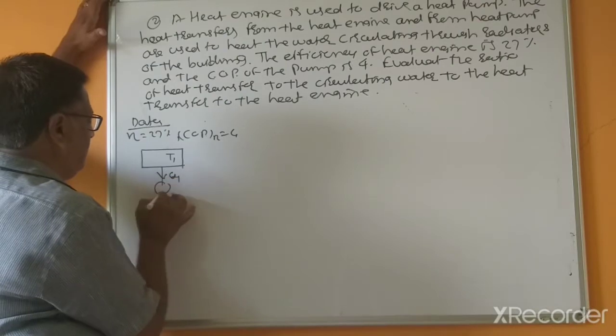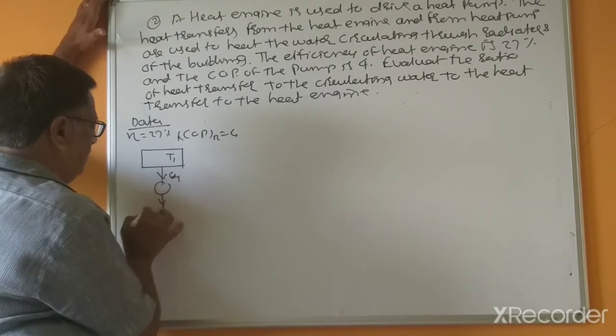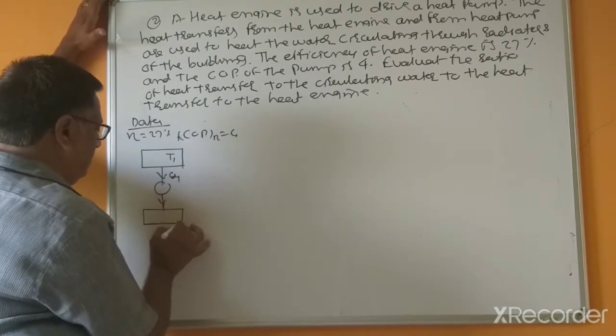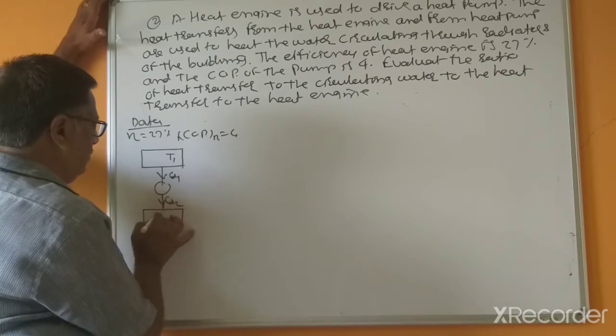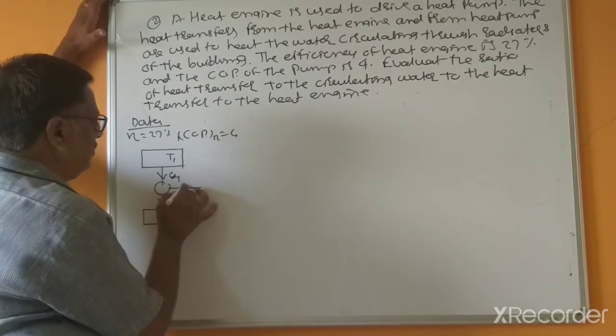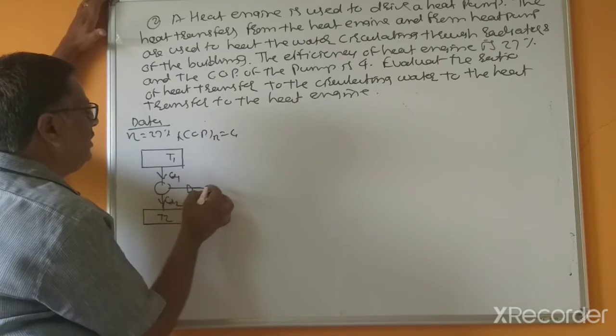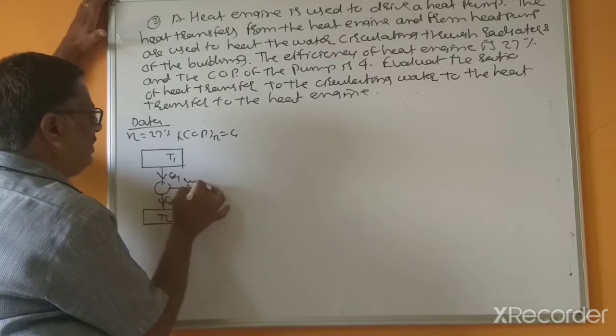This is Q1, amount of heat. This is Q2, T2. So directly coupled. This is work done.